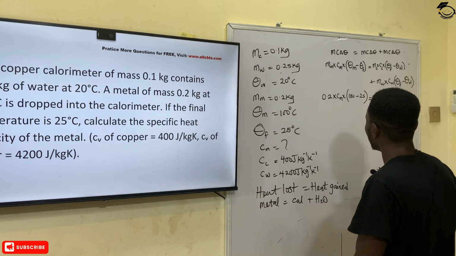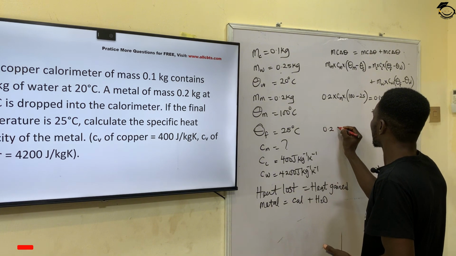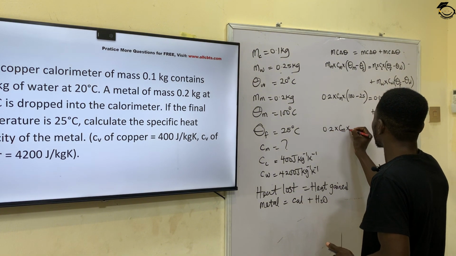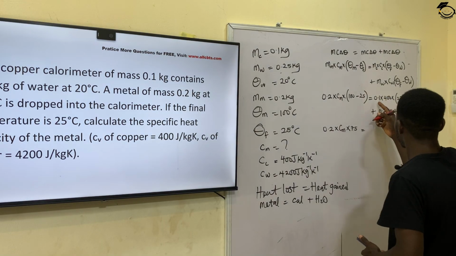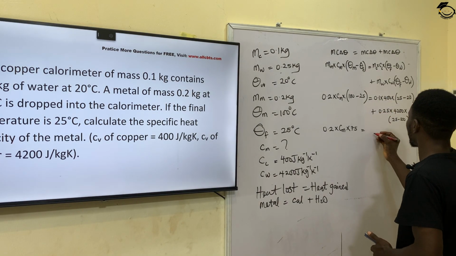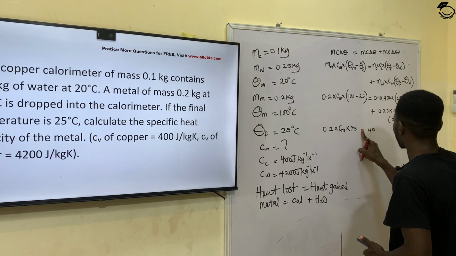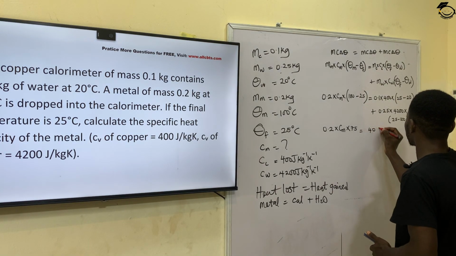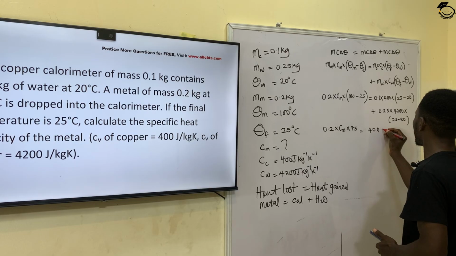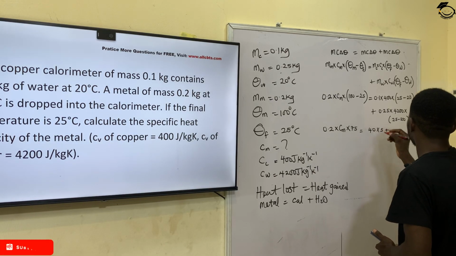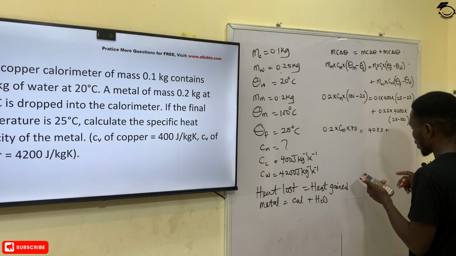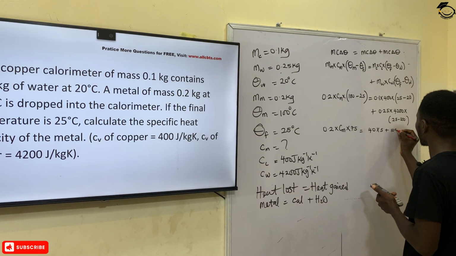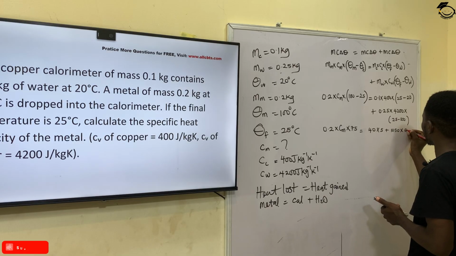So I have 0.2 times Cm times 75 equals 0.1 times 400, which gives me 40, times 25 minus 20, which gives me 5, plus 0.25 times 4,200, which gives me 1,050, times 5.